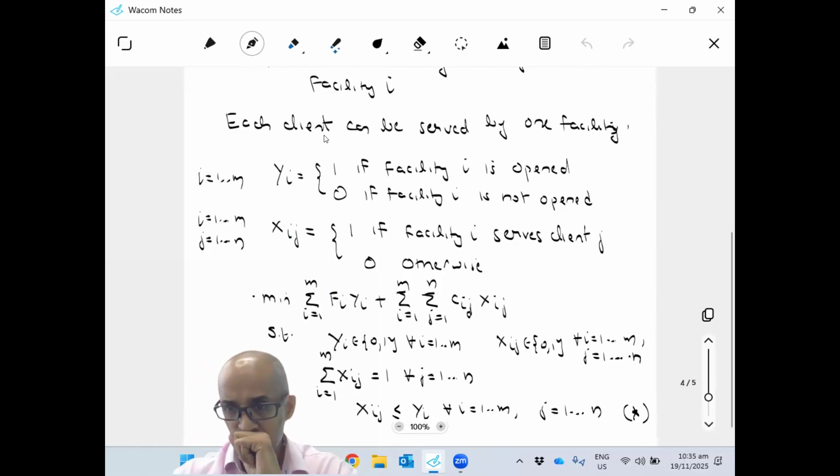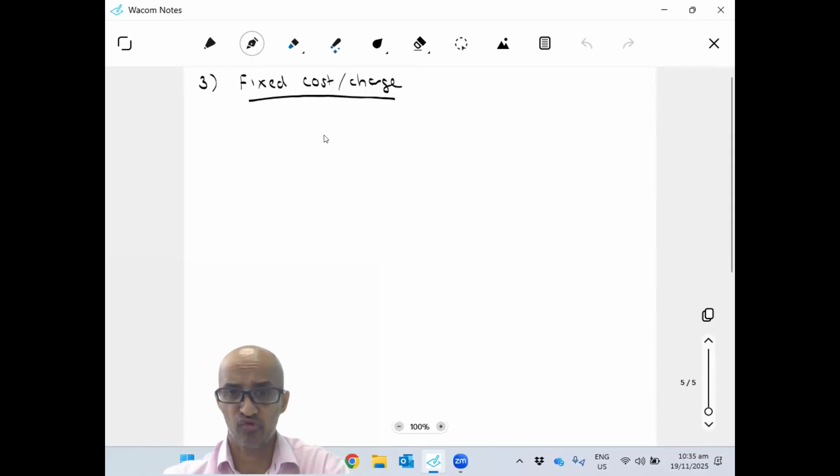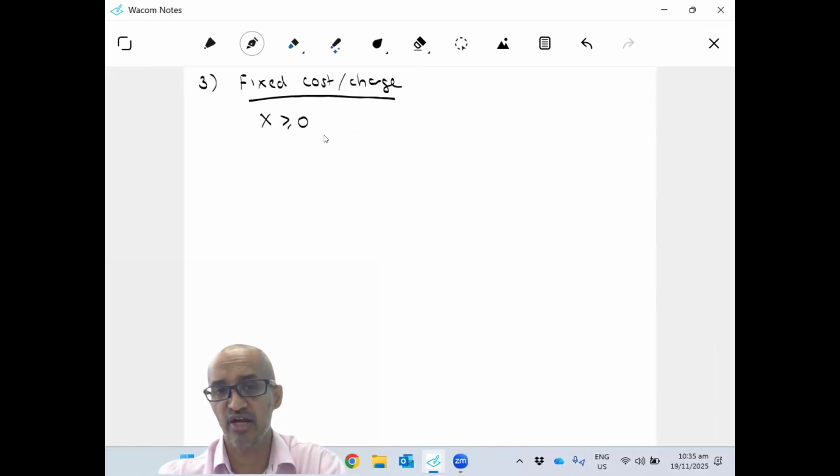If you have a production quantity, for example, suppose I'm producing some amount, let's say X greater than 0 is some production amount, and let's say Y is 0 or 1.